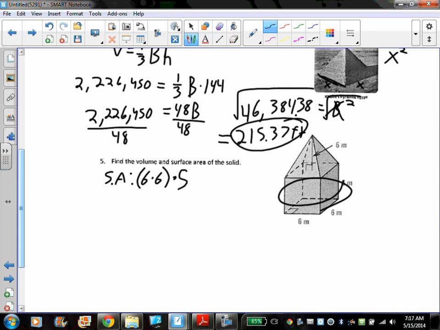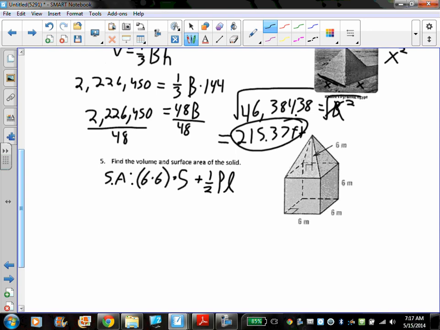From the pyramid, remember the pyramid has 2 parts to a surface area. It has the base, and then it has the 1/2 perimeter times slant height. Well, we're not going to need the base area because, again, that's this cube. That's the base of the pyramid. So we don't need that part. The only part that we need is the 1/2 p times slant height.